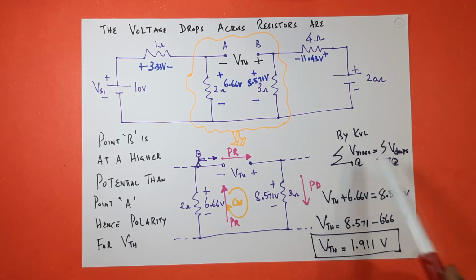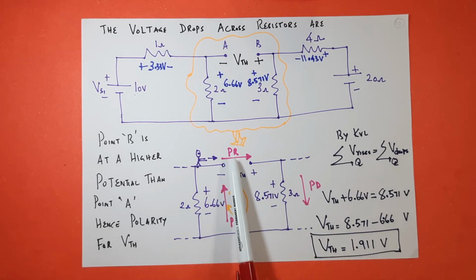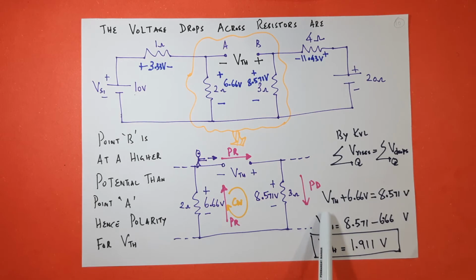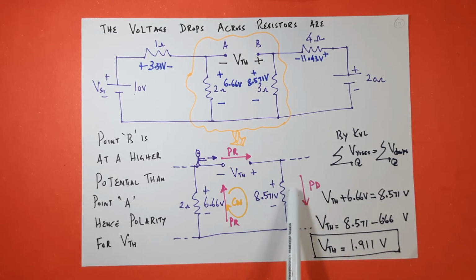Orientation is clockwise direction. Okay. So here you can see this is one potential rise, V Thevenin. This 6.6 volt is another potential rise. So we are putting together V Thevenin plus 6.6 volts, and this 8.571 volt is a potential drop.